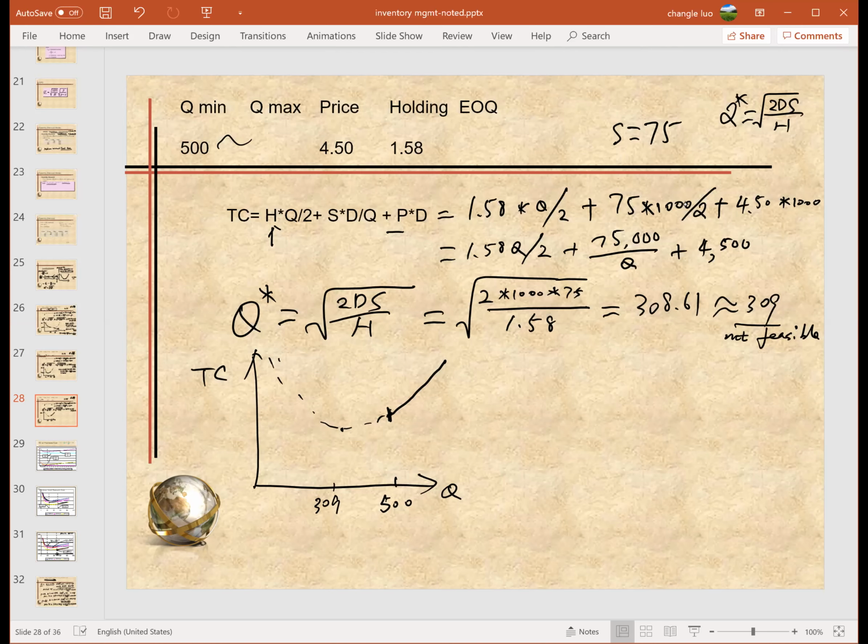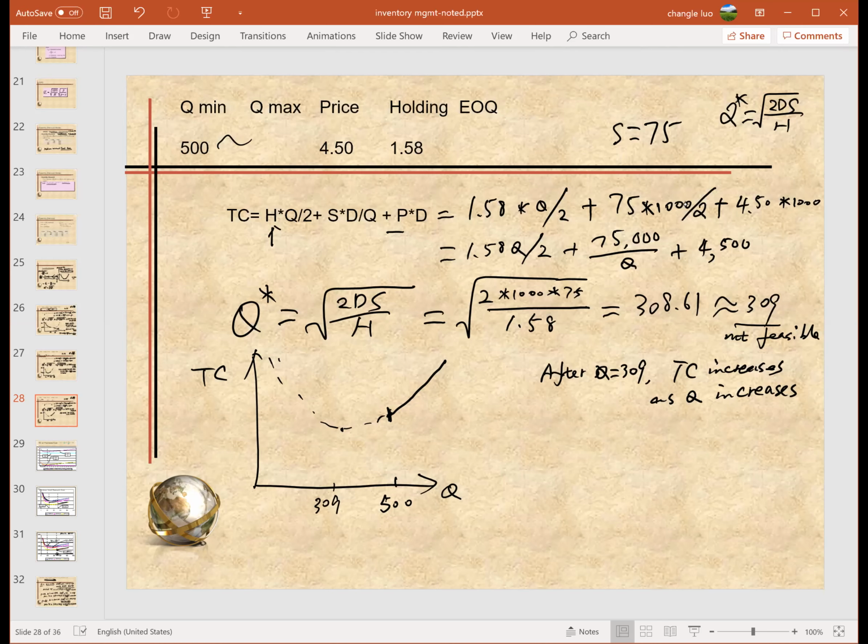After 309, total cost increases as Q increases. Now, we don't want it to increase. We want a minimal total cost.